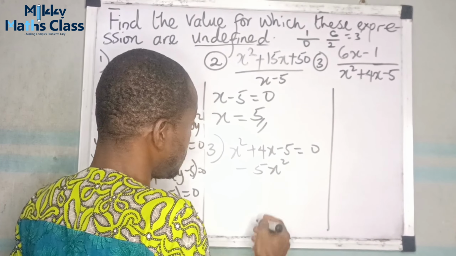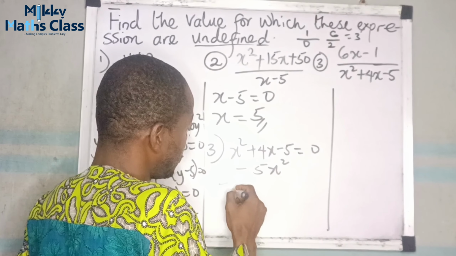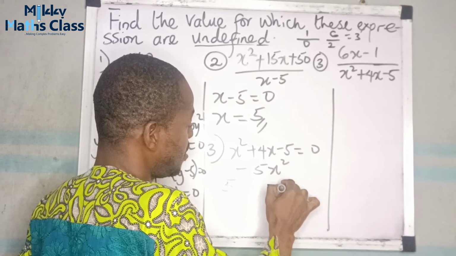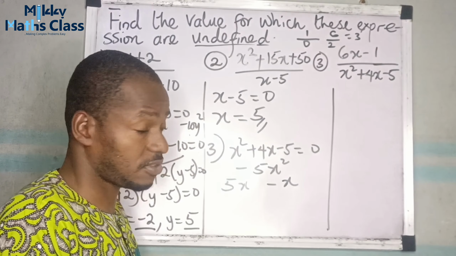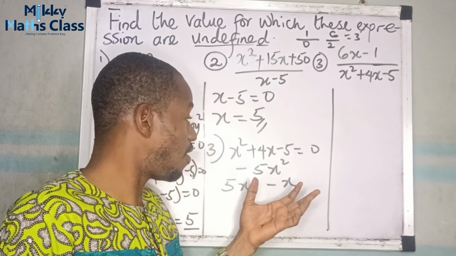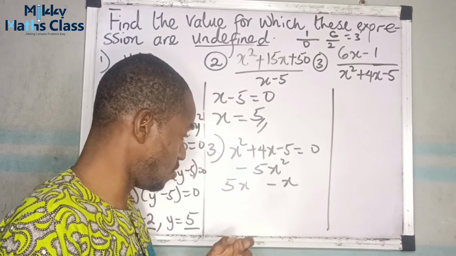What are the two numbers I can get? 5x and negative x. These are the two factors that satisfy it. You can check out our series on quadratic equations, factorization method. You will understand how to list it better.